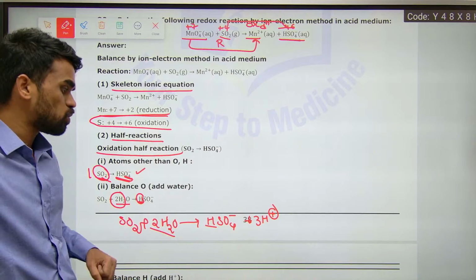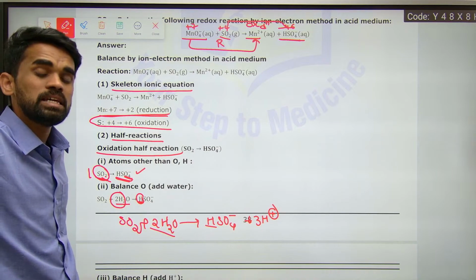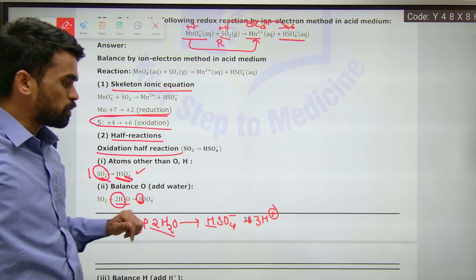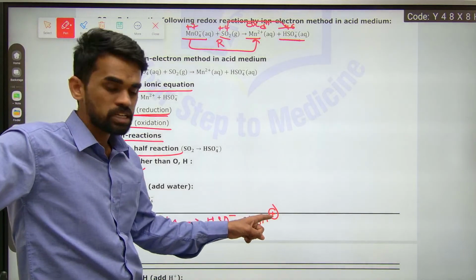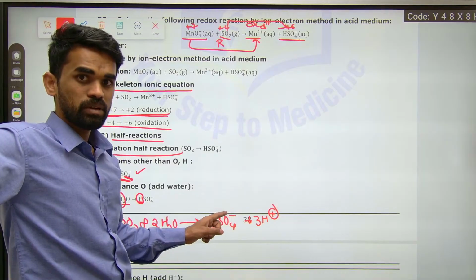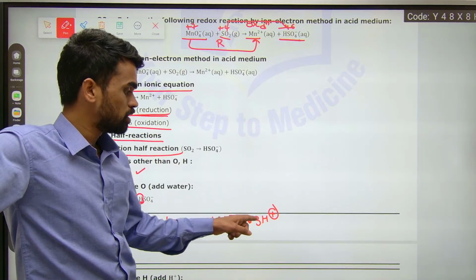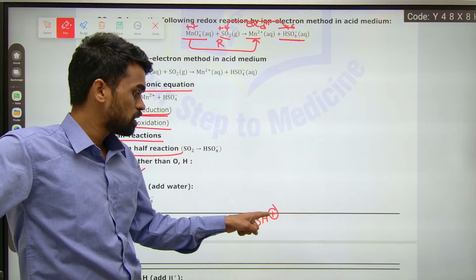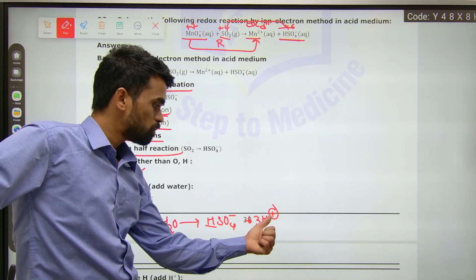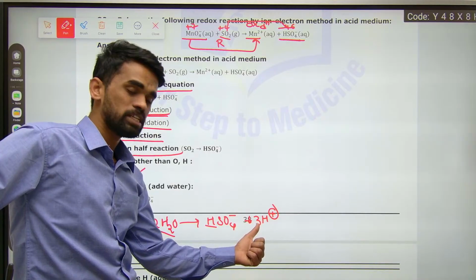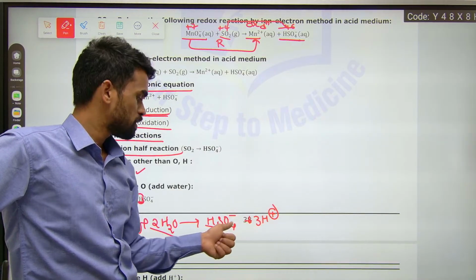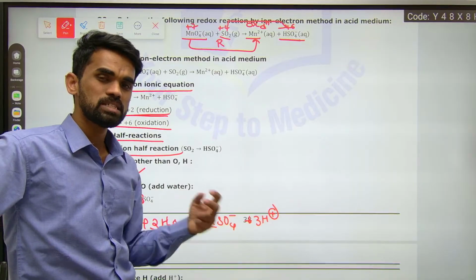Now after this, we need to balance charges. What is the charge we have on the reactant side? No charge. But on the product side there are 3 plus charges and 1 minus charge. What is extra here? Plus 2 charges extra, right? Minus 1 plus 3. There are 3 H plus ions, so 3 plus charges, 1 minus charge. So the remaining is plus 2 now.